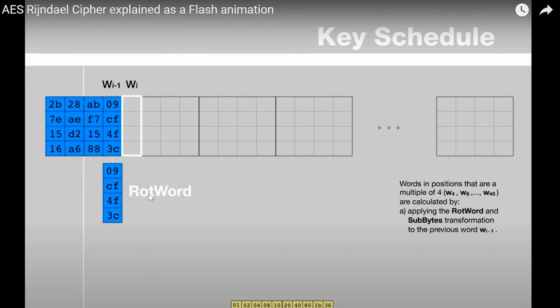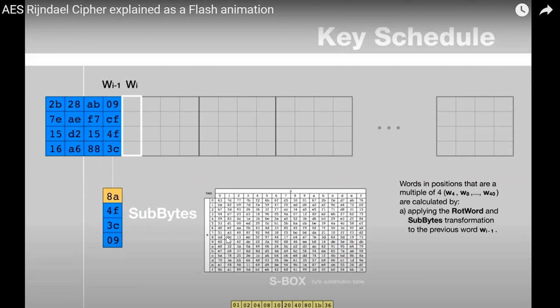So the way that it works is that suppose I want to generate a word based on the initial key or the previous key that I have. Initially I start with this original key. I go back and take the previous word, and then I do a rotation.